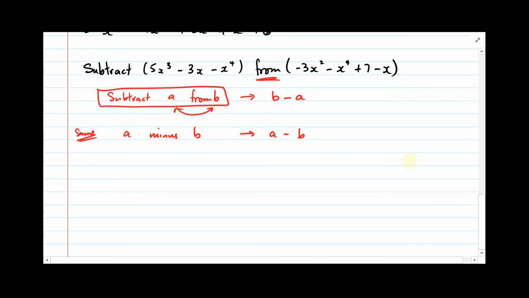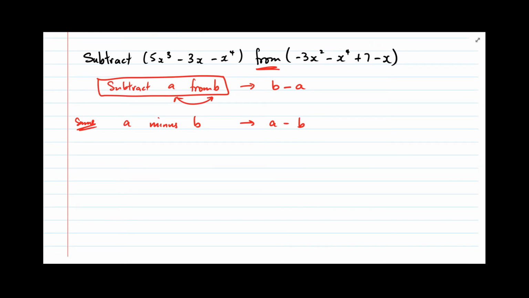Alright, so given this polynomial, I want to set it up, and what it means, I will have to write 3x squared and so on. Let's order it. So the highest term would be negative x to the fourth, minus, I leave a space for the cube, and minus x plus 7. So here's the first part.